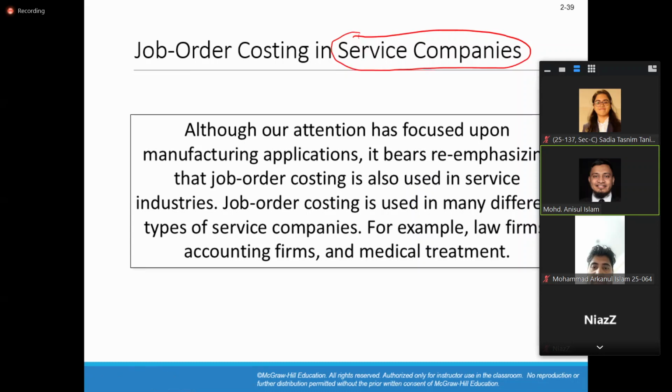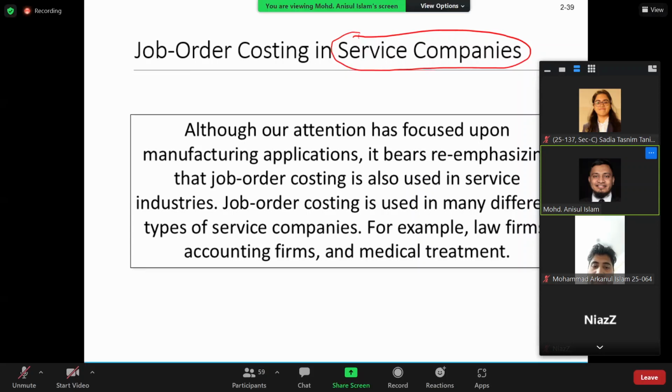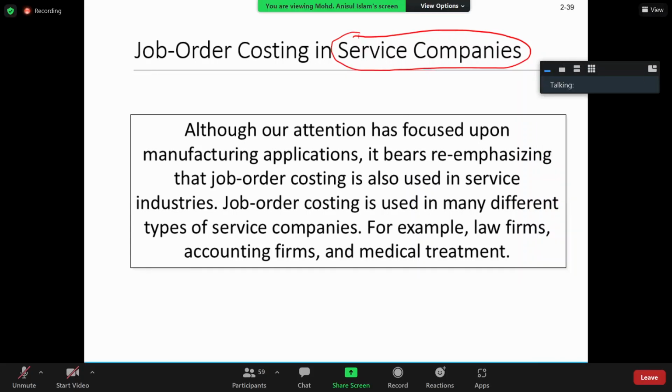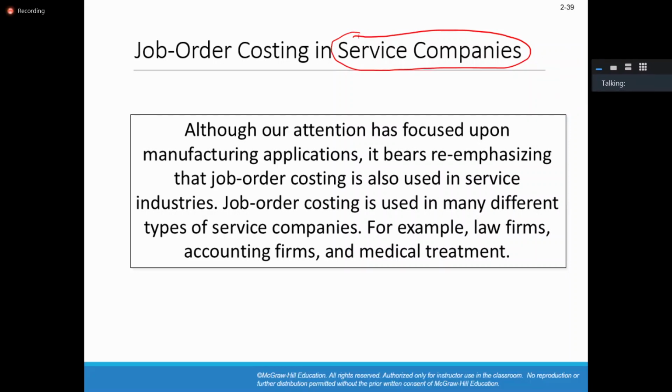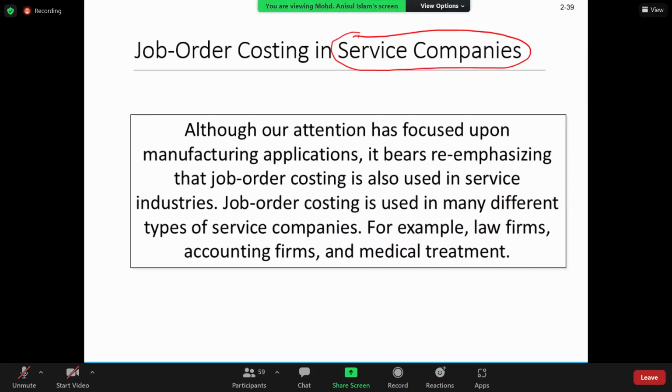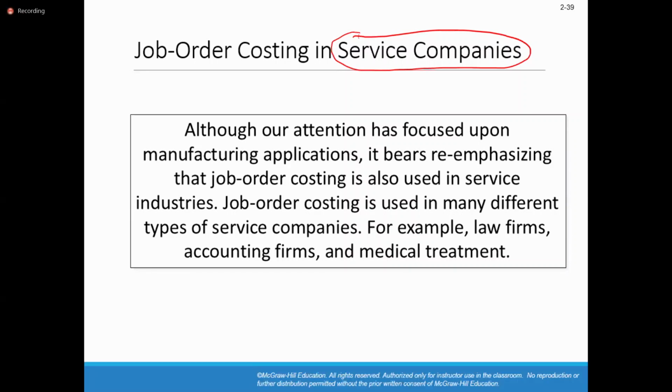If a service company is a movie making company, you know that there are some production companies which produce movies, and when you watch a movie, you see a producer name or the producer company name.